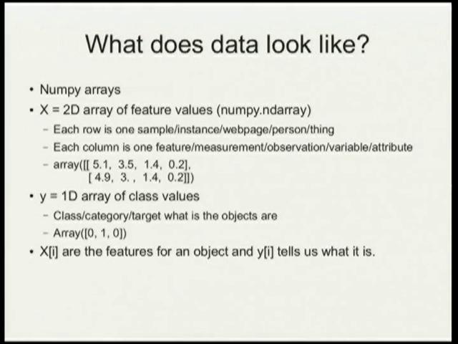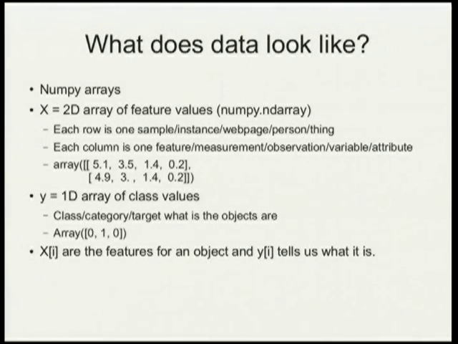But what does the actual data look like? And there's many different ways to represent data. The model that scikit-learn uses is basically an XY model. So X is a 2D array of feature values, and each row in this matrix is one thing, and each column is one attribute of that thing.